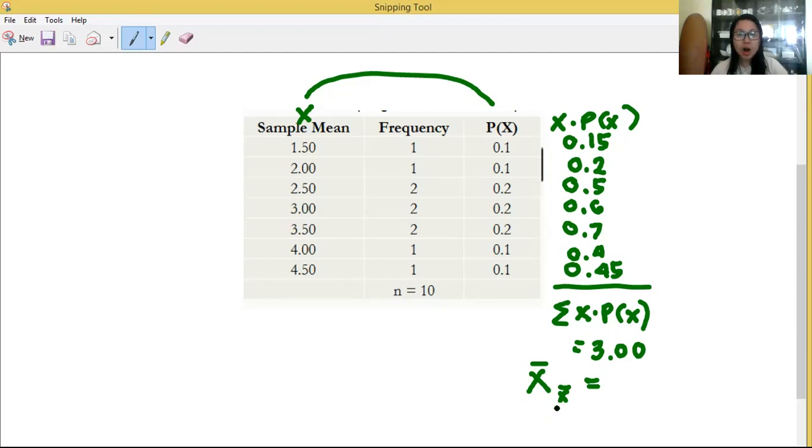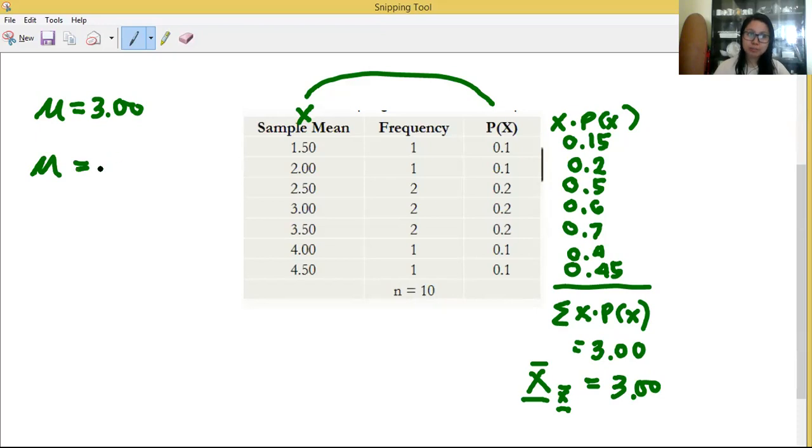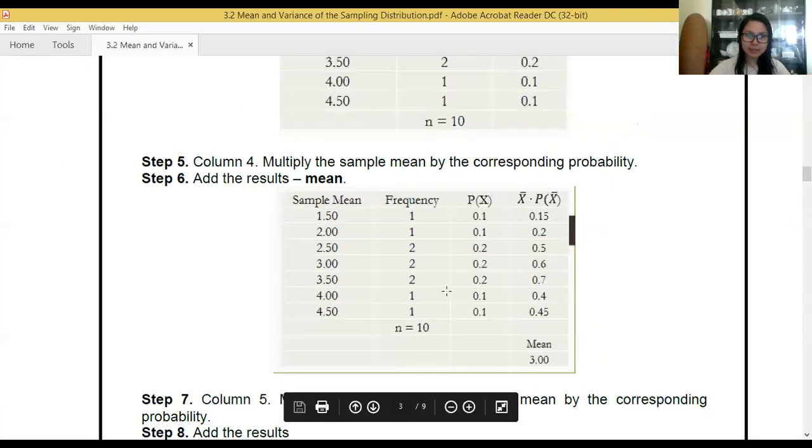The mean of the sampling distribution is 3. Then, we need to compare it with our population mean. Remember, we have solved a while ago. Our population mean is 3. So we say in words, our population mean, or in symbol, is equal to the mean of the sampling distribution. If we go back to our material, it's stated there.